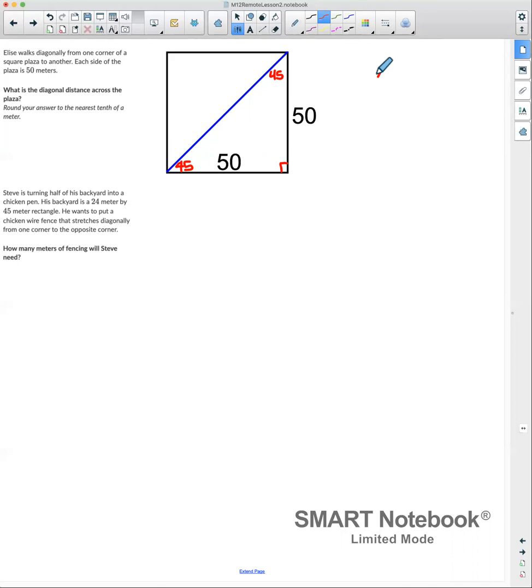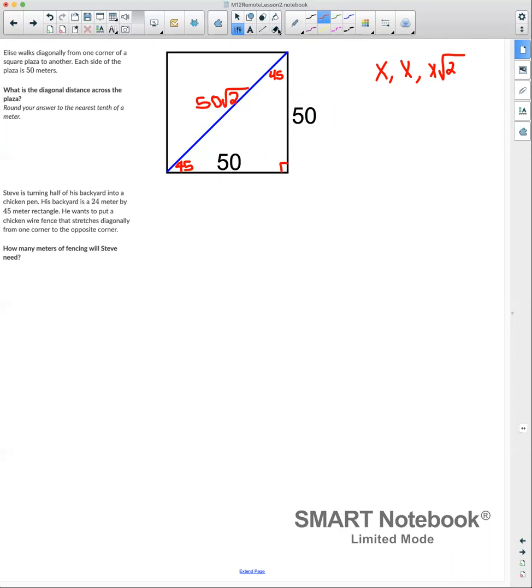So the sides are x, x, and then the hypotenuse is x radical 2. In this case, x is 50, so the hypotenuse has to be 50 radical 2.